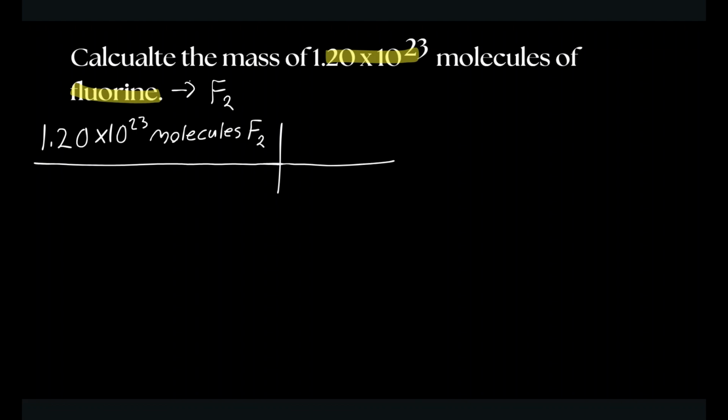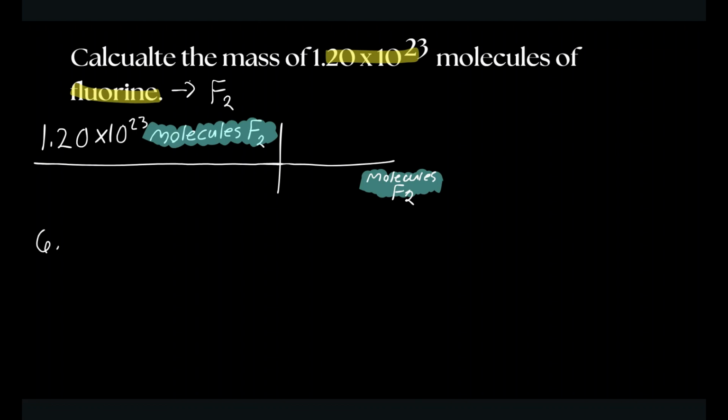Now that we have the molecules of our F2 on top, that means that we are going to have the molecules of our F2 on the bottom. So our molecules of the F2. Now, whenever we have molecules, atoms, we are going to be using Avogadro's number.